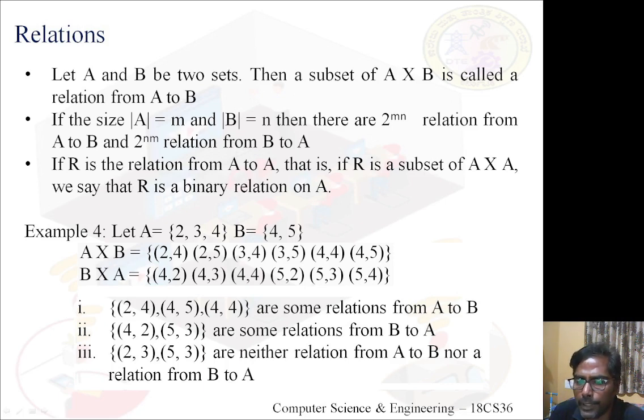These two ordered pairs neither belong to set A cross B, nor do they belong to set B cross A. So they are not a subset of A cross B or B cross A. So they are not a relation from A to B, and not a relation from B to A.